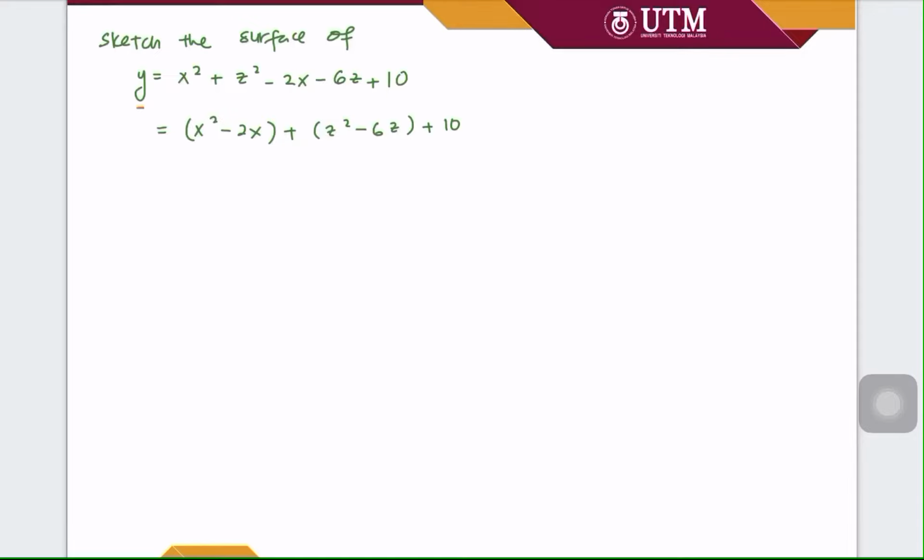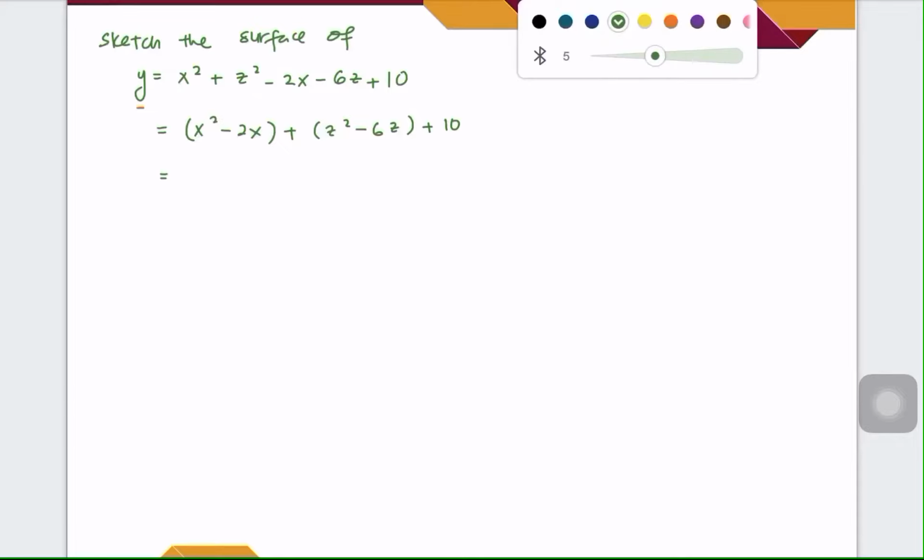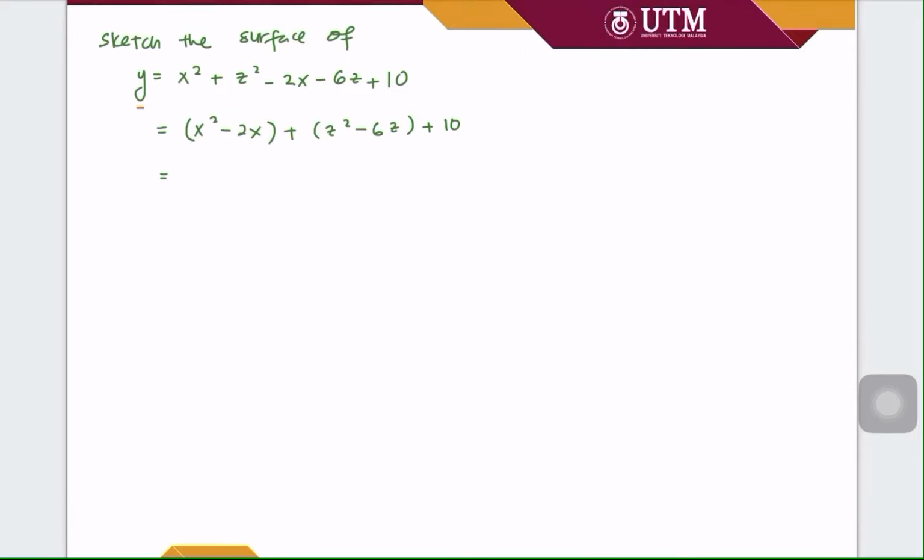First we have x squared minus 2x. You need to change this into a square expression so that you can easily factorize. How do you get that? You need to find b over 2a, squared.